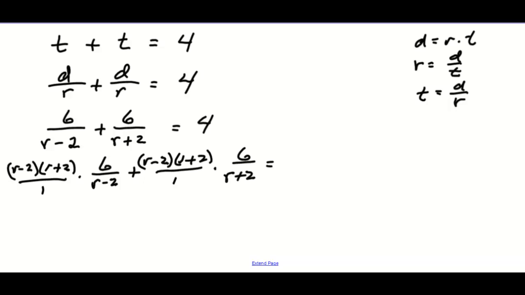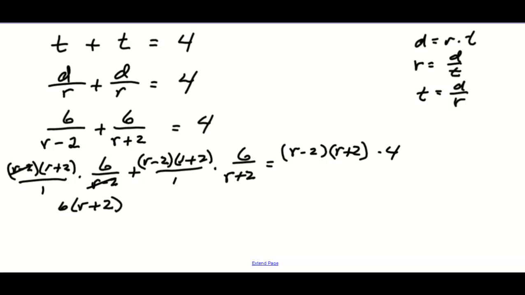And then that equals r minus 2 times r plus 2. I can put it over 1, but we're just going to multiply that by 4. Whew, this looks like it's going to get complicated. So we can cancel out these, and we end up with 6 times the rate, r plus 2.